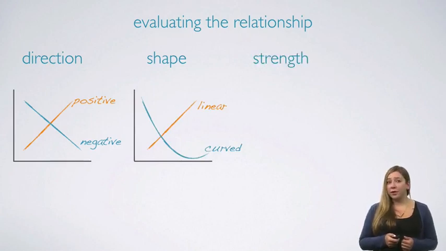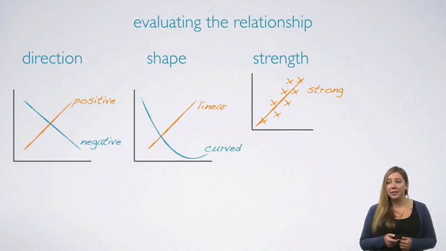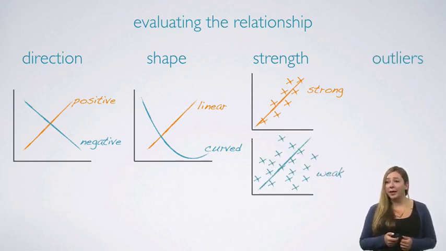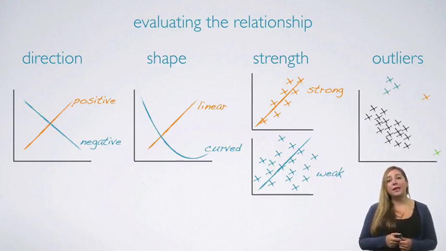The strength of the relationship, is the relationship strong, indicated by little scatter, or weak, indicated by lots of scatter? And any potential outliers. These can be individual observations or a group of observations. It's always a good idea to investigate these points carefully to make sure they're not data entry errors.